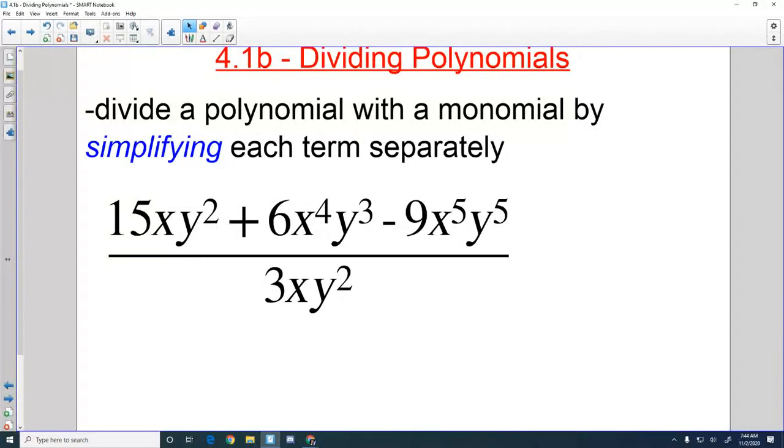It's almost as if you split that up into three separate fractions, one fraction for every term in the numerator, all with the same denominator. It's kind of like the opposite of adding fractions. You know how you always have to get a common denominator to add fractions together to combine them? This is like the opposite. Like you already have a common denominator and you're separating it into separate fractions.